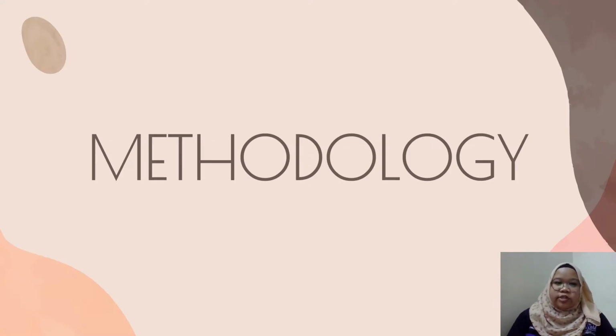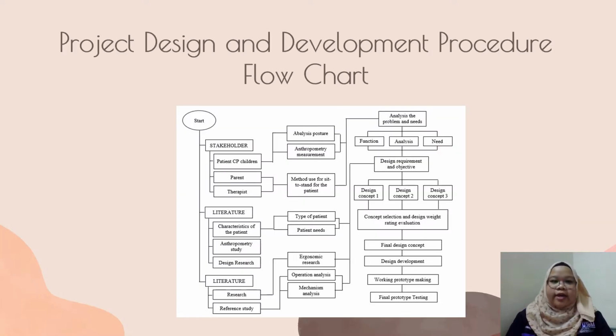Next, the methodology. Okay, next, the project and development procedure flowchart. This is the flow for this design study. First, we take data from the stakeholders, which are the patients, CP children, parents, and therapists. We also did a literature review.